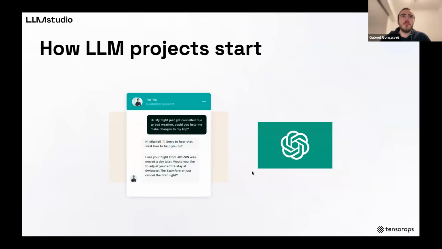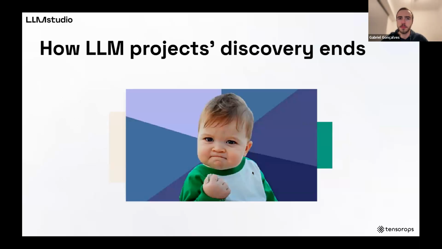So the way I would start to tackle this project would be to paste some of this documentation into ChatGPT's prompts, and then try out some test questions. I would probably get really good results out of the box and be really happy about myself. And this is how the discovery of LLM projects tends to end.